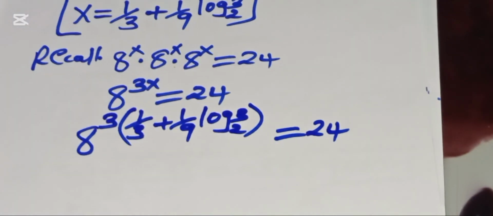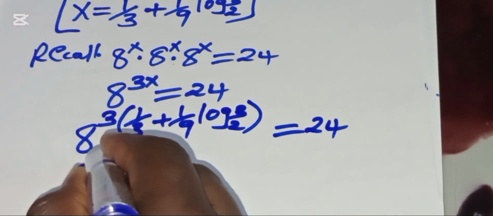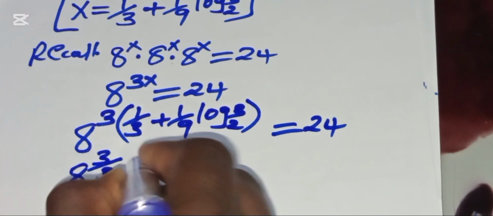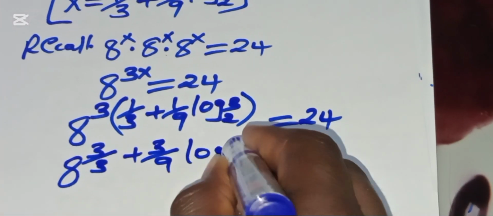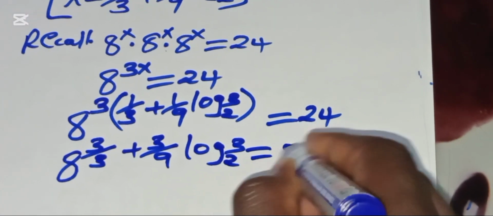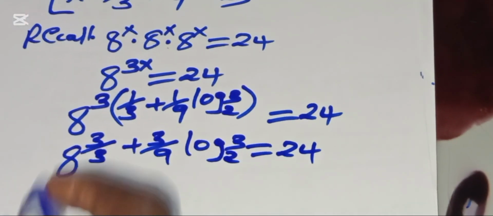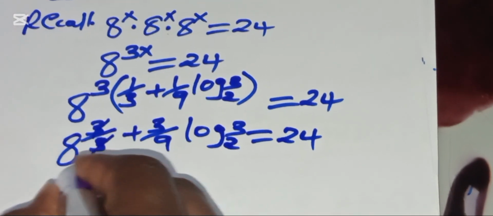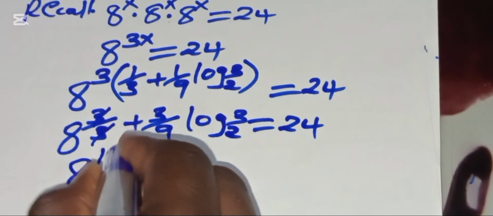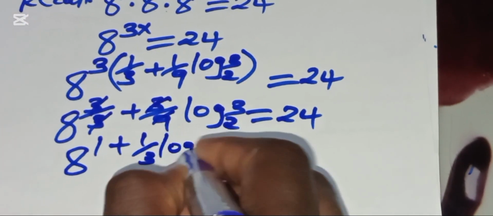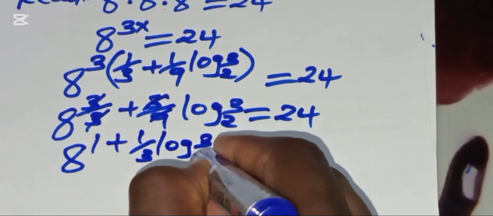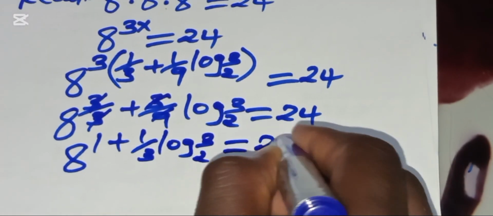This is the same thing as 8 raised to power 3 over 3 plus 3 over 9 log 3 to base 2. Here 3 and 3 simplify. So this is 8 raised to power 1 plus a third log 3 to base 2, which is equal to 24.